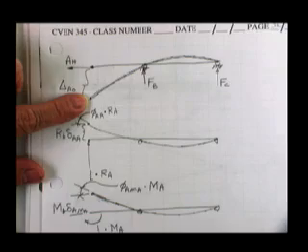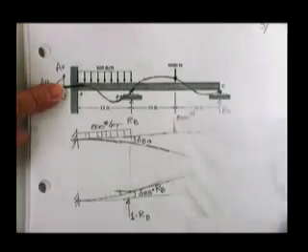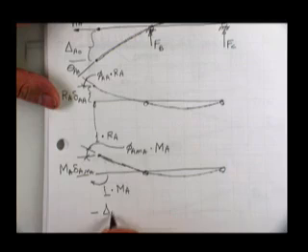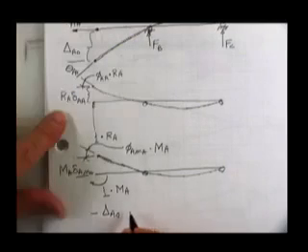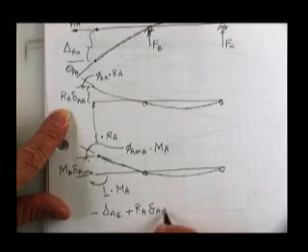Your first equation will say, I don't want this to move down, because in the original case, it didn't move down. And so you would say minus delta A0 plus R sub A, delta sub AA.